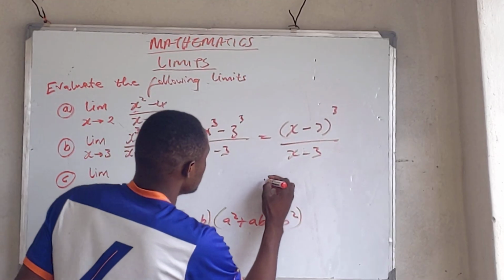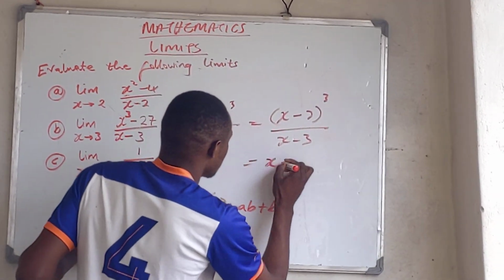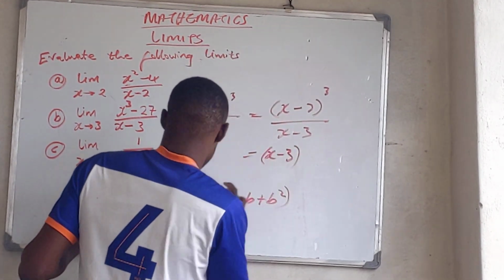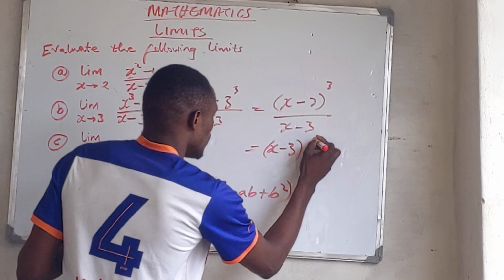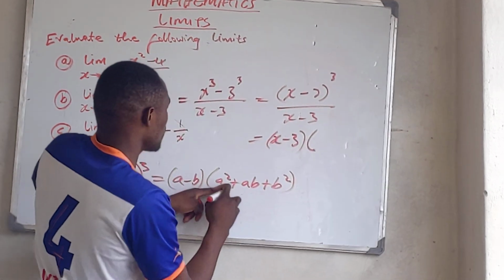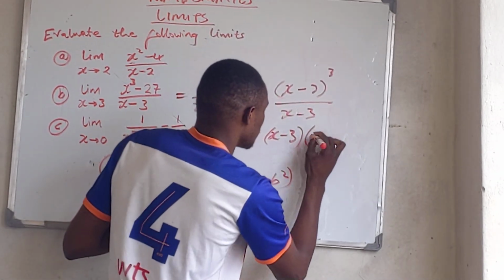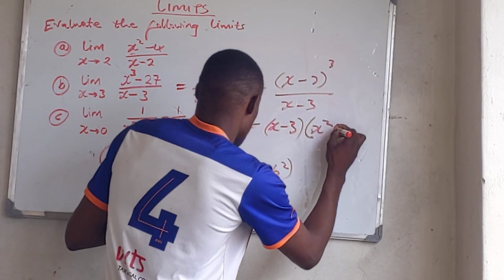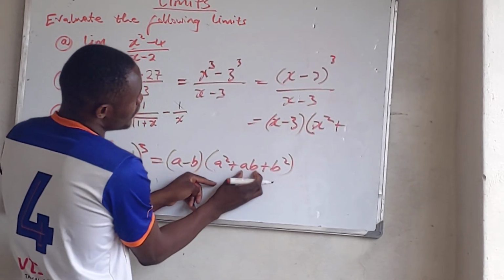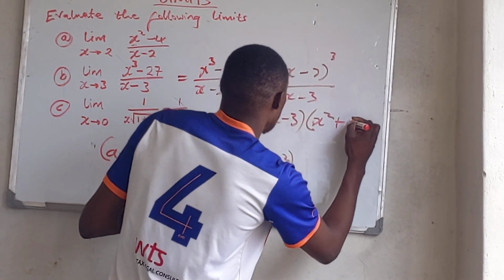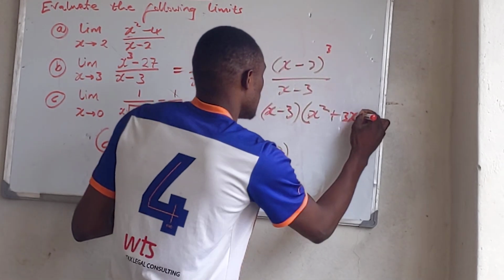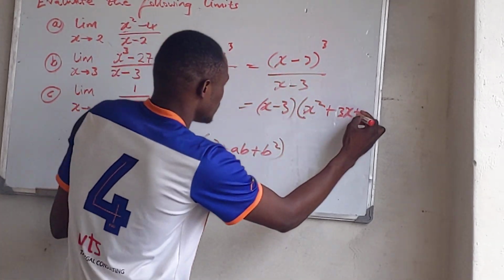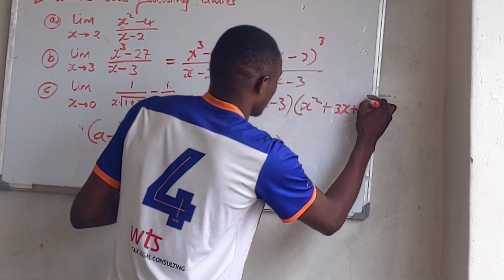So, here we'll have x minus 3, which is a minus b, times (a squared, which is x squared, plus the product of these two, which is 3x, plus b squared, which is 9).